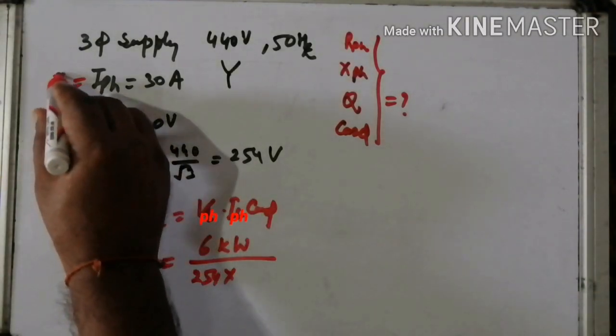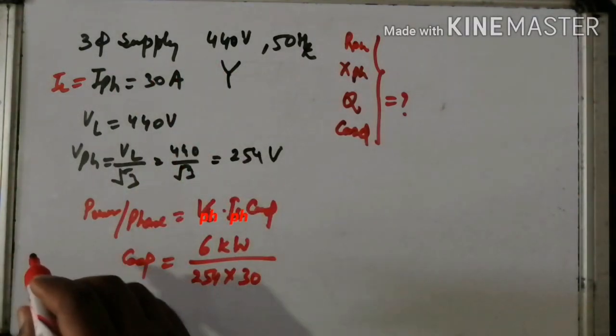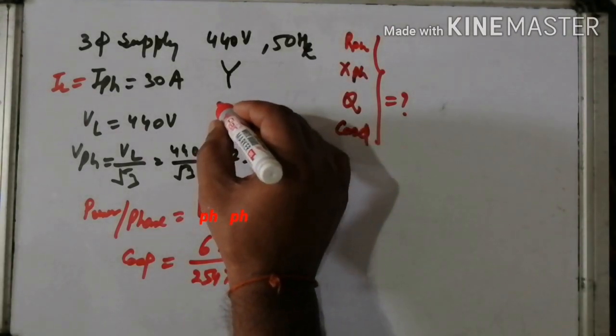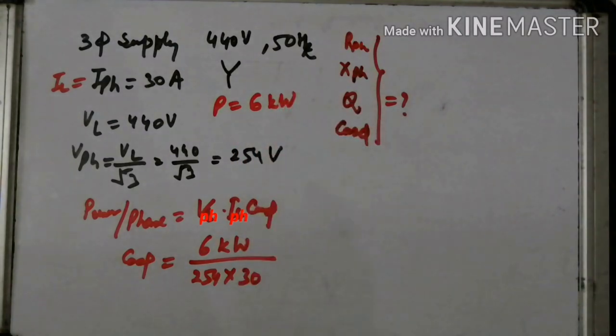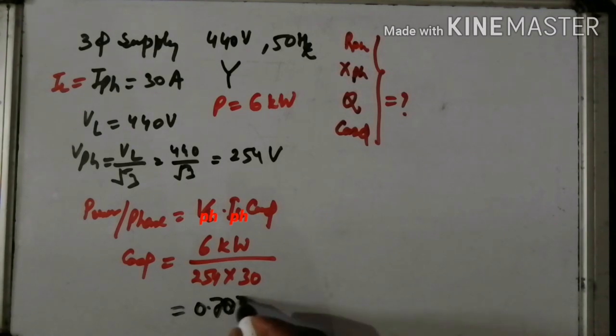So in the place of IPH it is 30, and this is the power given by the wattmeter. So power is given over here, 6 kilowatt. After the calculation, cos phi is 0.787.